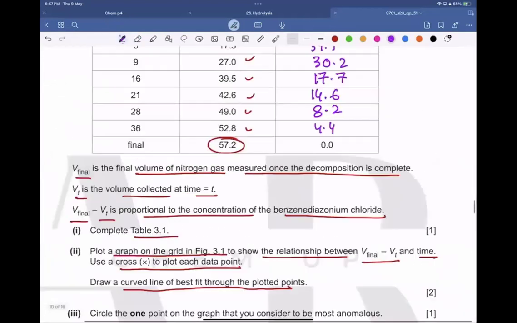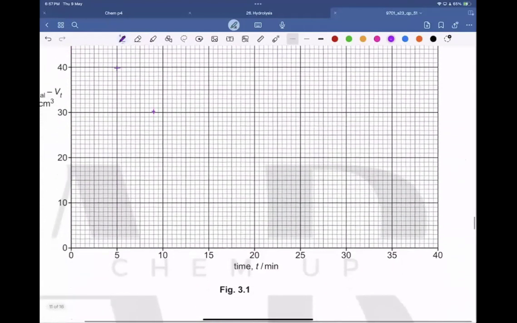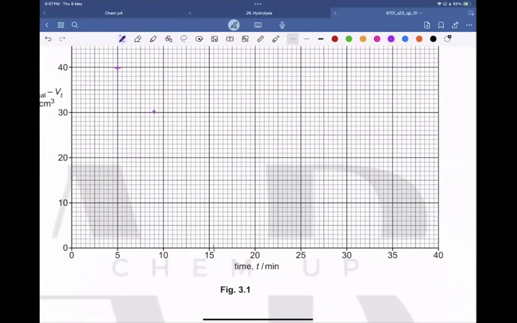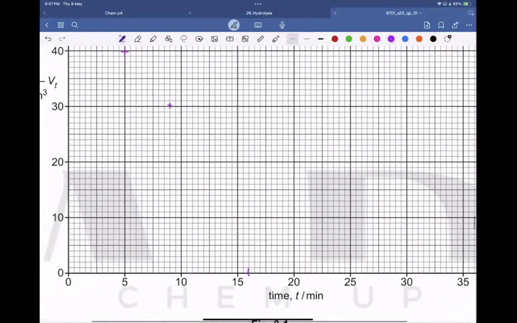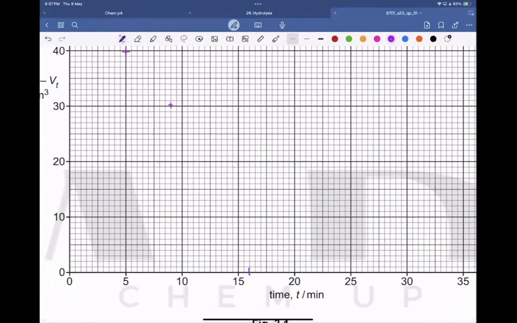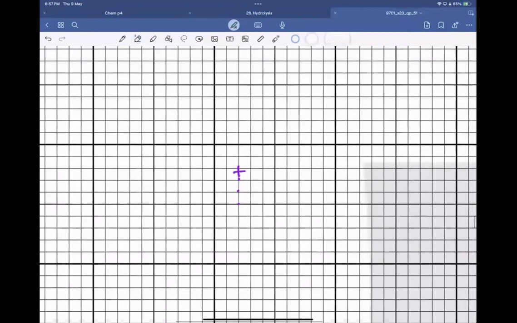And then at 16, 17.7. Okay, this is 16, and it's 17.7. It is like this.